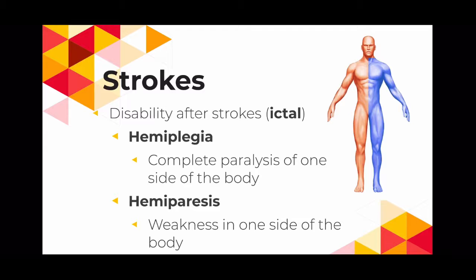Another possibility is that one side of the body is going to become weaker compared to the other, and that's called hemiparesis. And that's another one of your words, so it's not full paralysis, but you do have weakness in one side of your body. So those are two of the options.